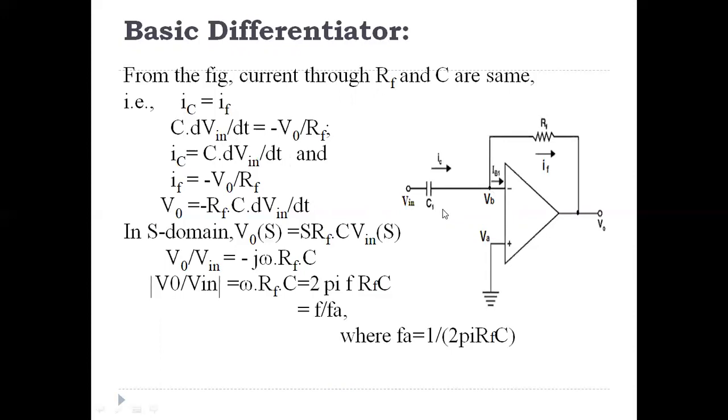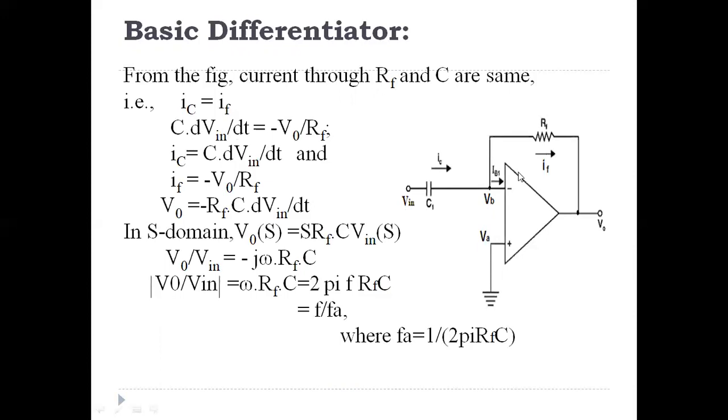So dVn by dt means the difference voltage Vn minus Vb. Here we have two voltages, Vn minus Vb. Vb is 0, so that means we have the voltage Vn. That's why normally we have C into d(Vn minus Vb) by dt. Vb is 0 here, so that is C into dVn by dt, which is equal to the current through the resistance RF.